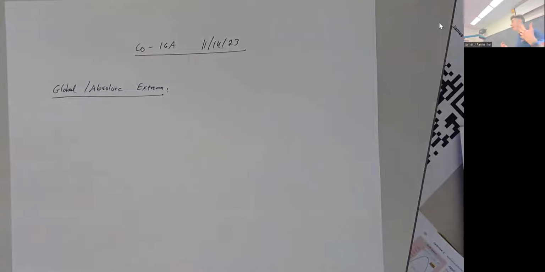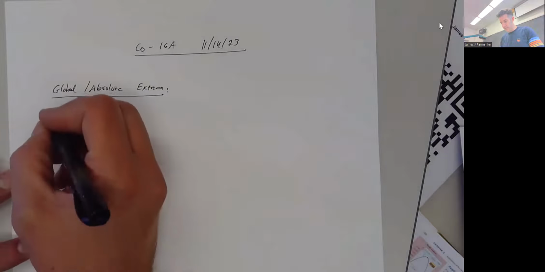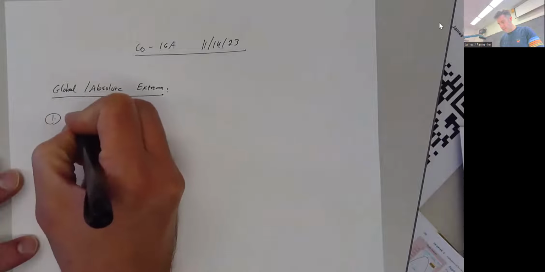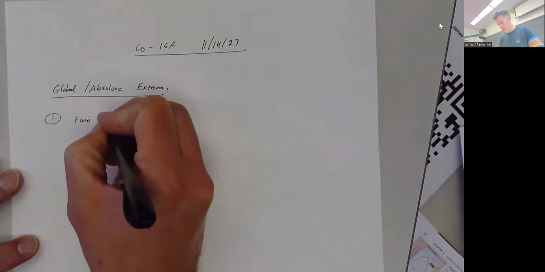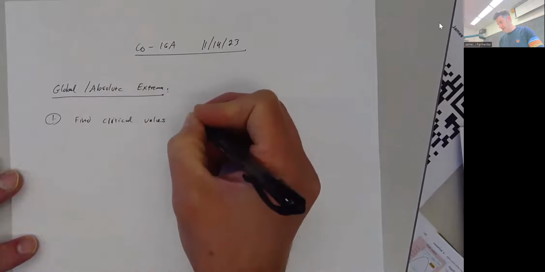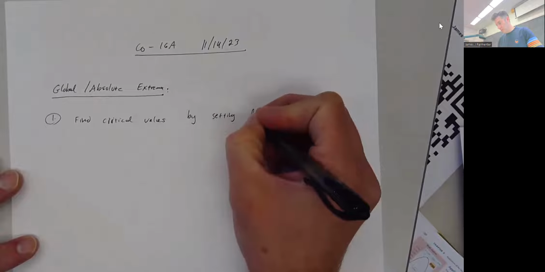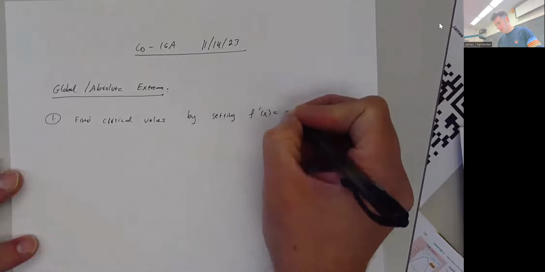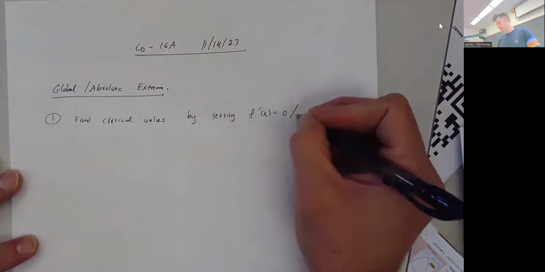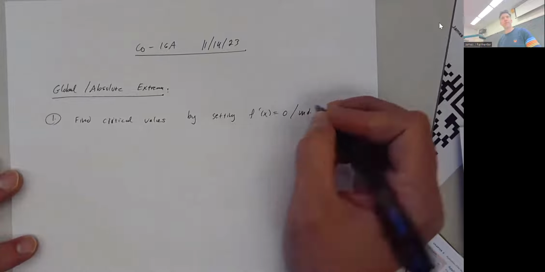So finding the global extrema is typically, I think, a 2 or 3 step process. Step 1, you're going to find the critical values. The way you do that is by setting the derivative of your function equal to 0, and also finding where it's undefined.